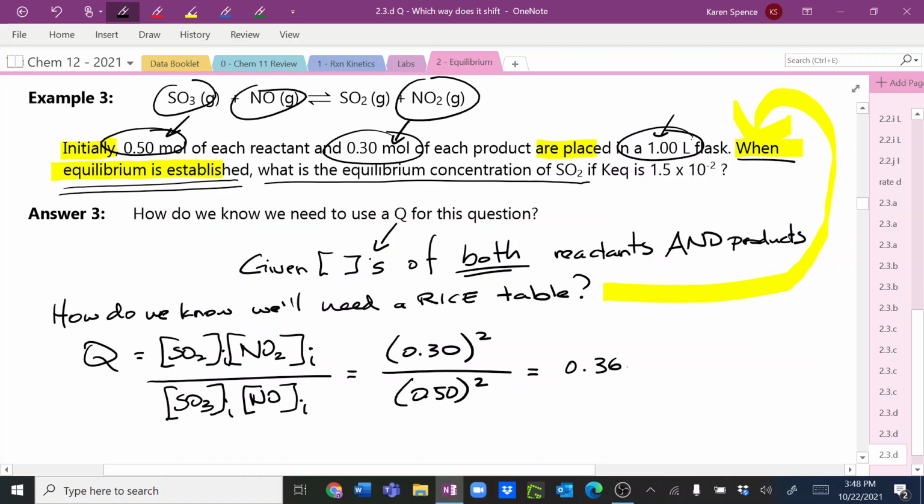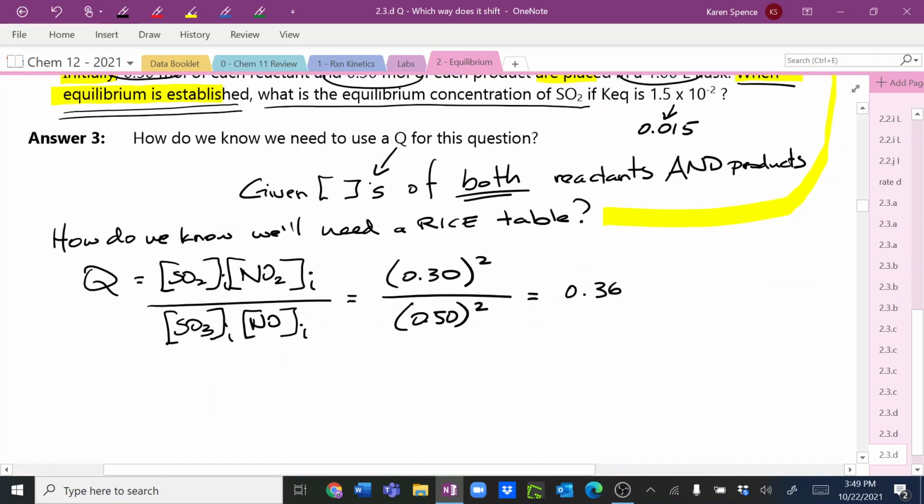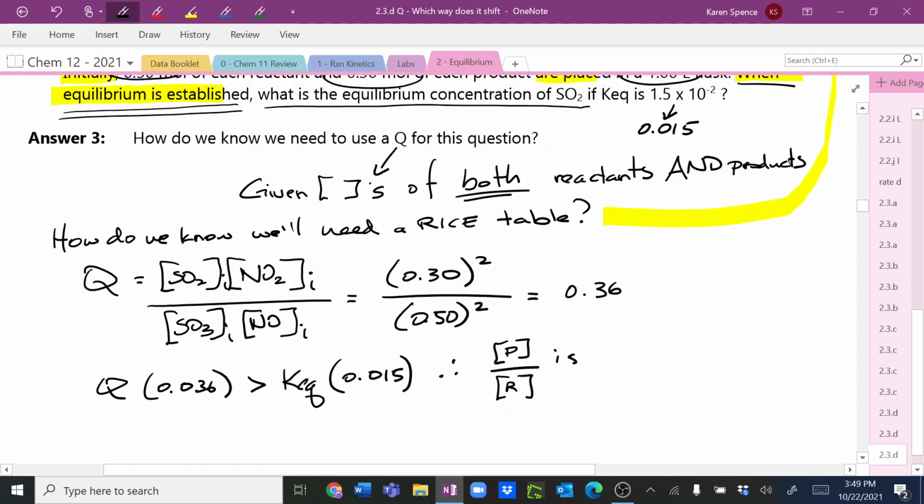Now, KEQ is 1.5 times 10 to the negative 2, which is 0.015. We need them to either both be in scientific notation or both be in standard notation to do a good comparison. So Q is 0.36, which is greater than KEQ, which is 0.015. Therefore, the concentration of products to concentration of reactants is too big.